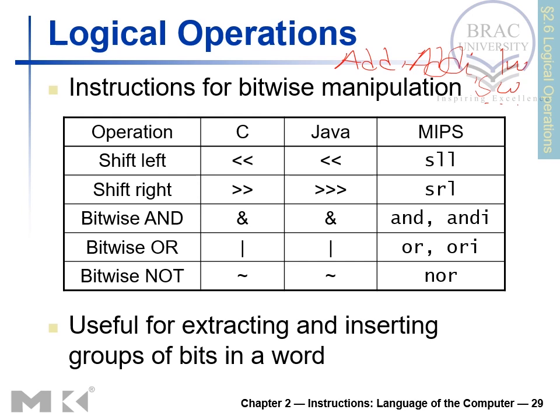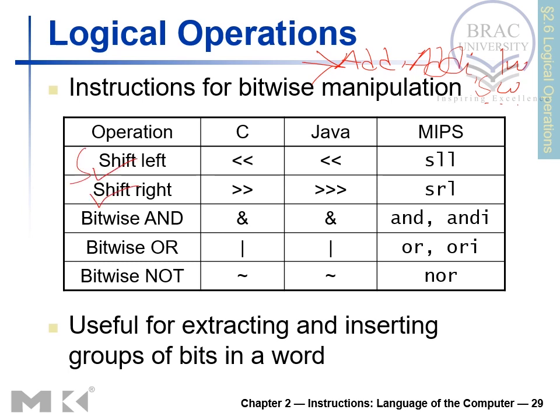It is possible to execute logical operations in MIPS. Other than the arithmetic operations, we will also be dealing with instructions for bitwise manipulation. Now there are a few operations that we would be doing here. One is the shift left operation, and the other is the shift right operation.